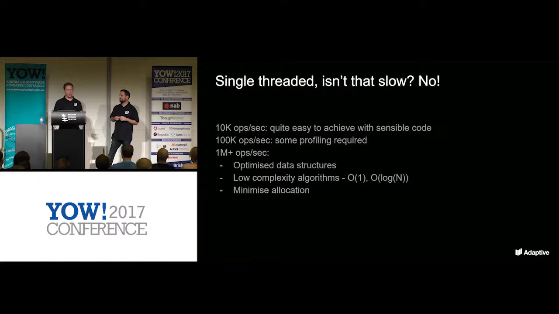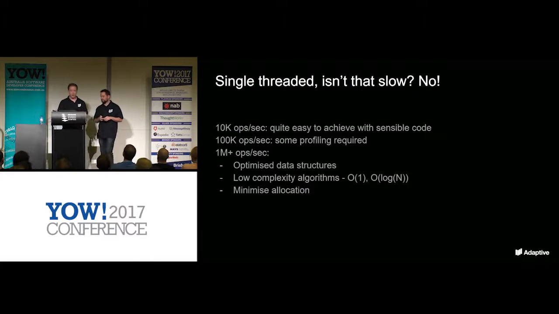Instead, if you use libraries like SBE, which allow you to read straight from the network, they allow you to read the relevant fields without performing any copy or any allocation, you can reduce the amount of time spent decoding and encoding your messages.